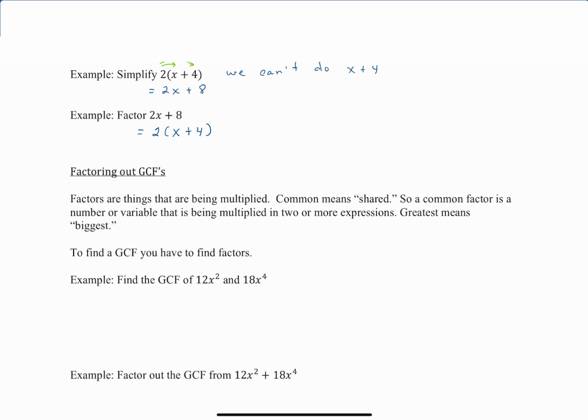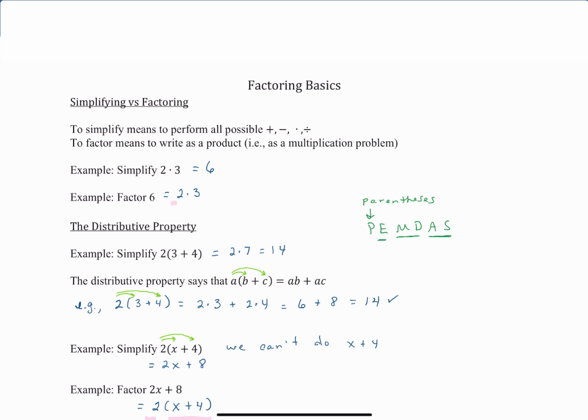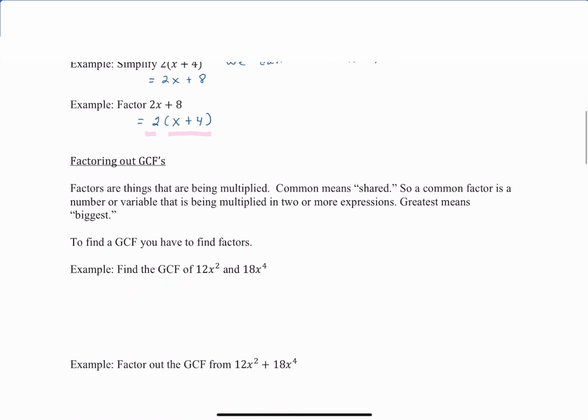So, for example, in this problem we just did, 2 is a factor because it's multiplying something else, and x plus 4 is a factor because it's multiplying the 2. Or a little further up, 2 and 3 are both factors of 6. Okay, so factors are things that are being multiplied.